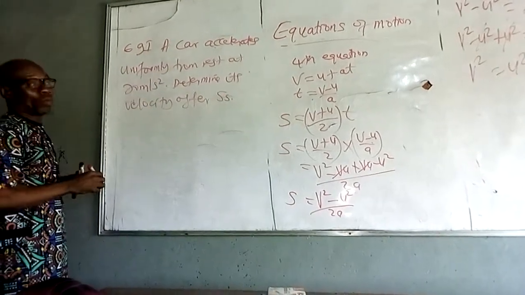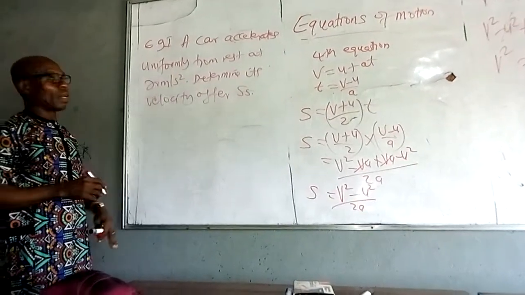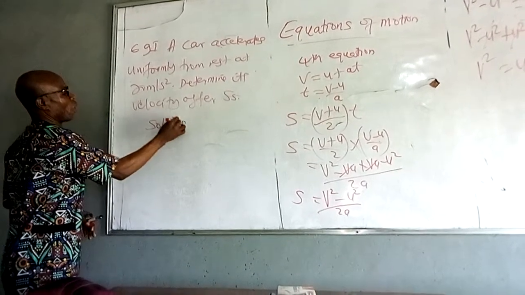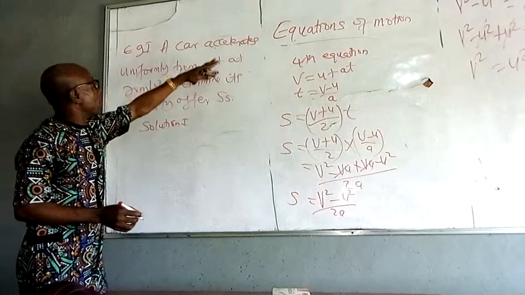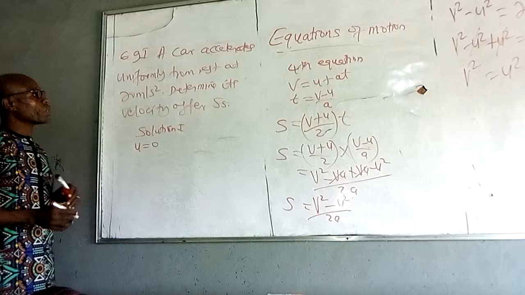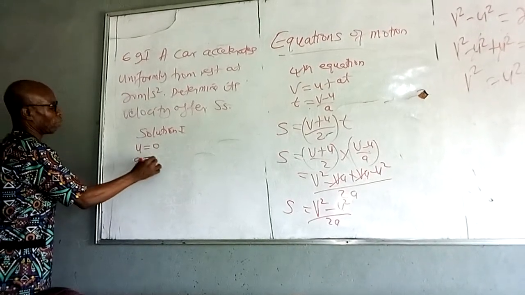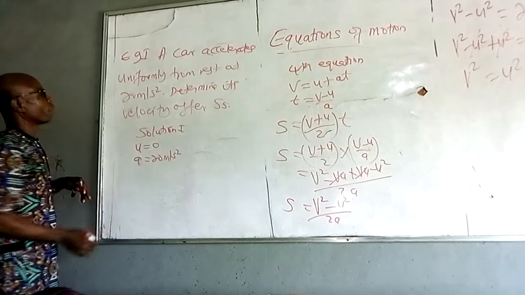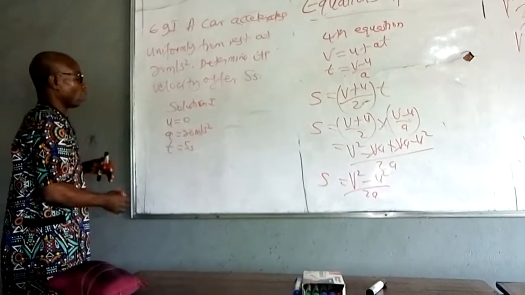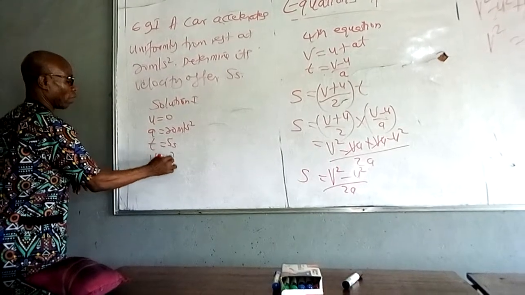To solve this problem, it's important to identify the parameters given. In solution 1, a car accelerates uniformly from rest. It means its initial velocity is 0. At 20 meters per second squared, it means its acceleration is 20 meters per second squared. Time, t, is 5 seconds. And so the velocity we are looking for is the final velocity.